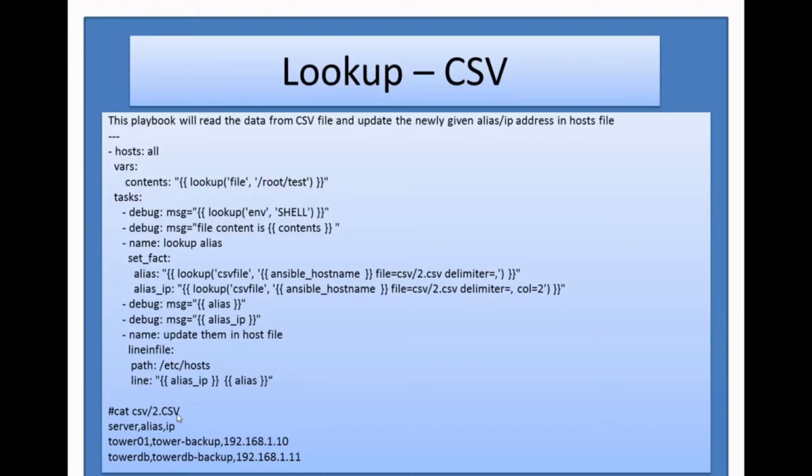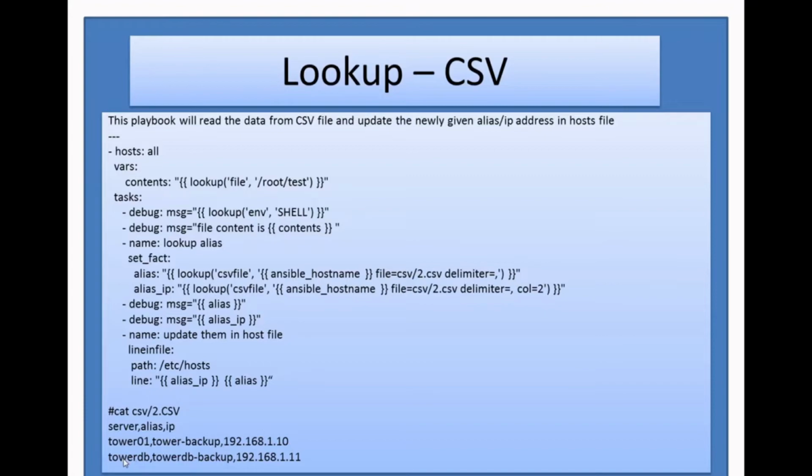Each server may have different backup VLANs, and they have given a CSV file. For this server this is the alias IP, and for this server this is the alias IP. So you have a web server, and for that they have given an alias like tower.backup and a new alias IP. So that IP is going to be the backup server.